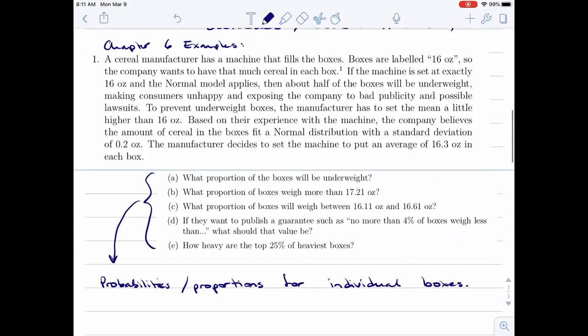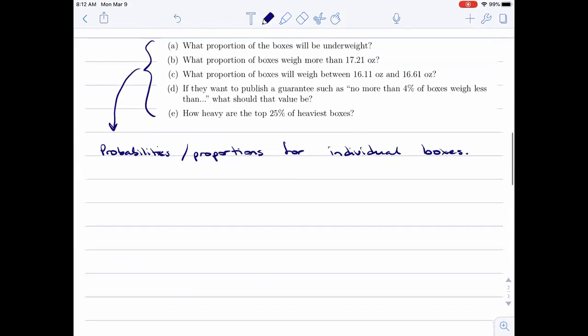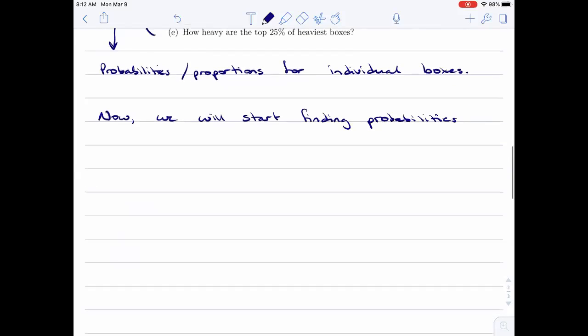So what's going to happen now is we're going to start talking about probabilities associated with mean observations. And so now we will start finding probabilities associated with mean or average observations.